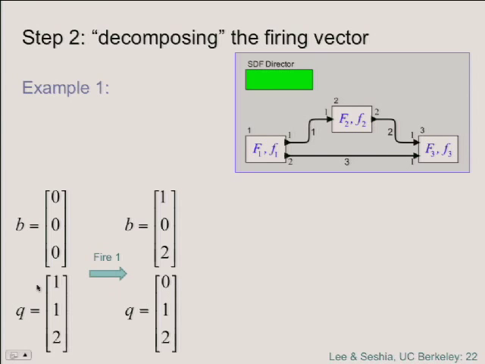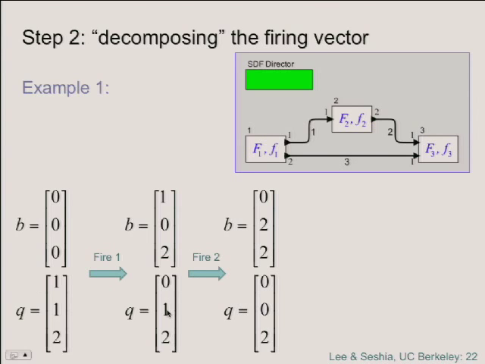Why are we assured that the buffers will be 0 again once we get to 0 in this Q vector? Because the Q vector is the solution to the balance equations. So if I execute the actors that many times, it will bring me in balance.